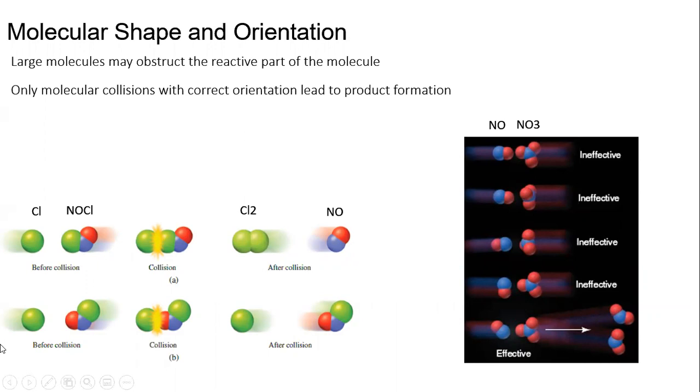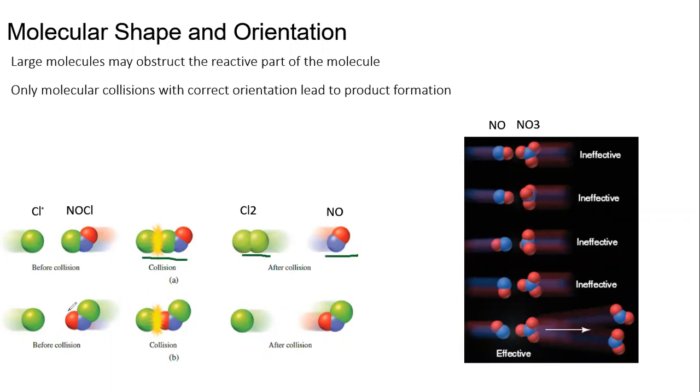And so down here we have an example involving a chloride radical and NOCl. So when the NOCl molecule is colliding with the Cl radical, and both Cl's are pointed towards each other, we get an effective collision, and we get Cl2 and NO.